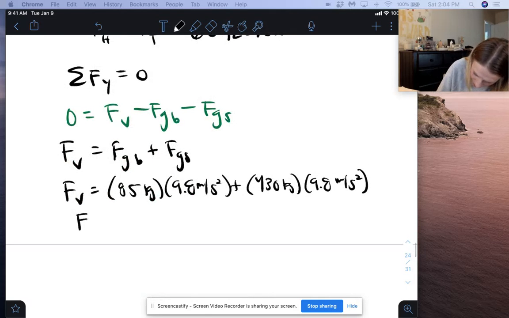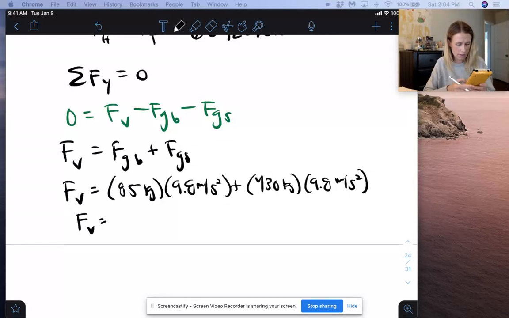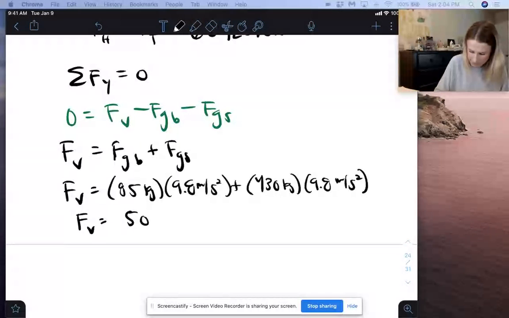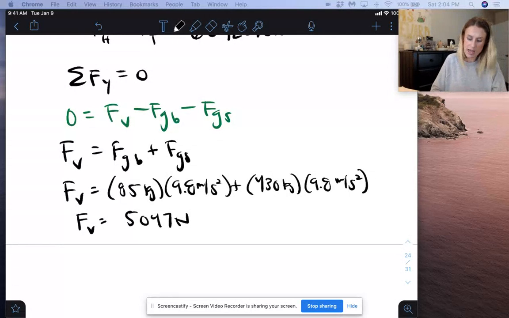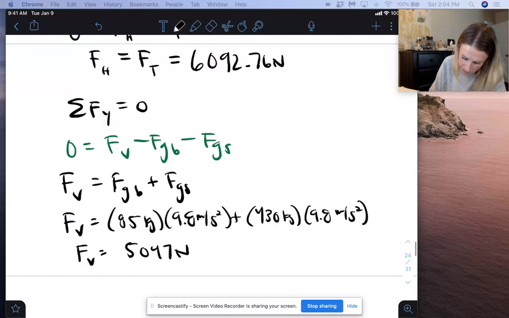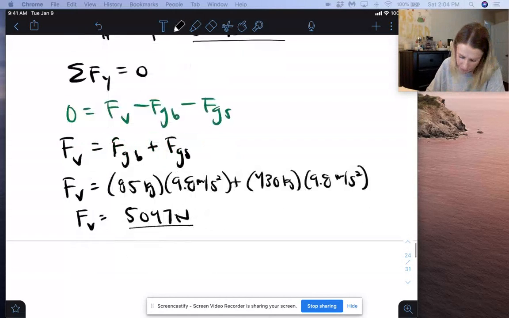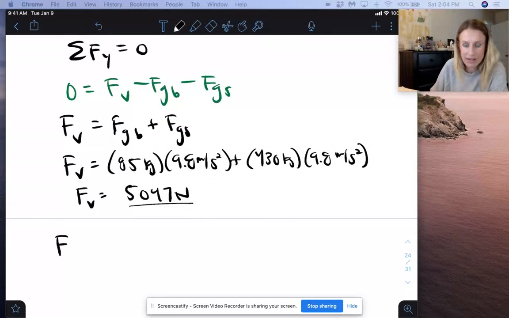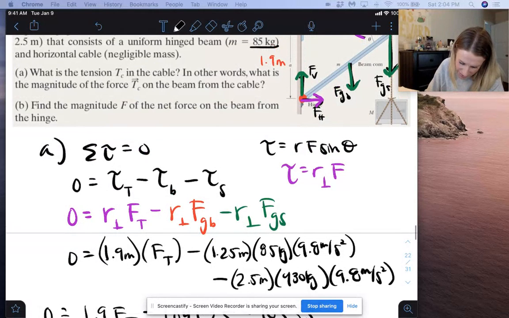So our vertical force is equal to 5,047 newtons. And now we have both the horizontal force and the vertical force, and we can find the overall force. That was part B, find the magnitude F of the net force on the beam from the hinge.